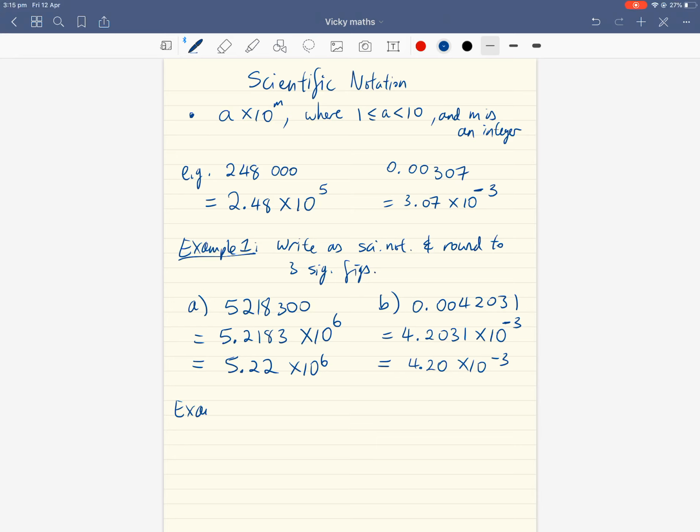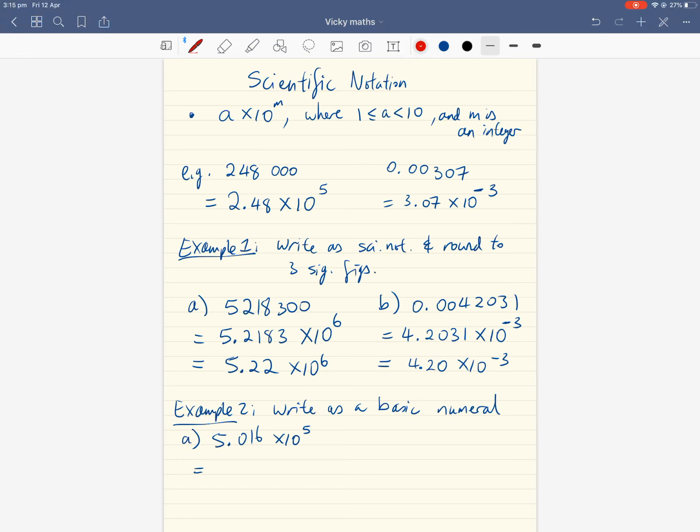Now example 2, let's do it the other way around. Let's write as a basic numeral. For example, 5.016 times 10 to the 5, what is it as a big number?